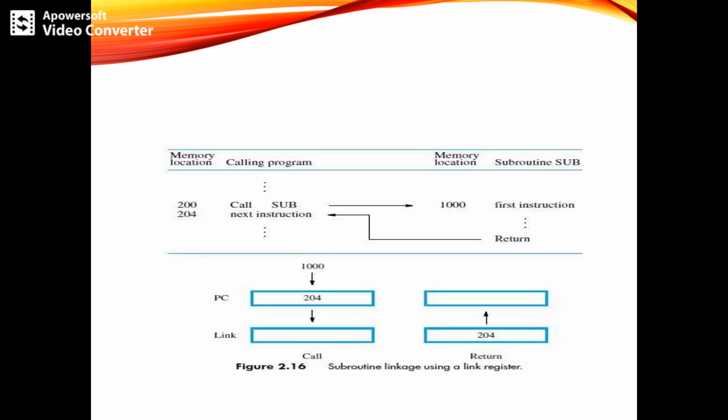Here we can observe the subroutine linkage using a link register. As I said before, the link register is used to store the return address. Here we have two programs: one is the calling program or main program, and the other is the called program or subroutine.